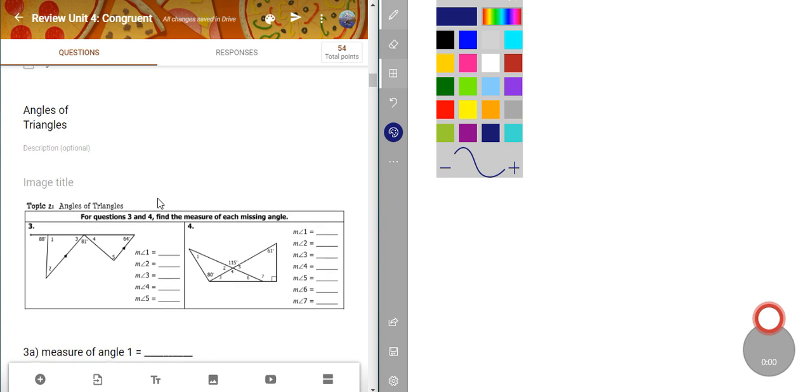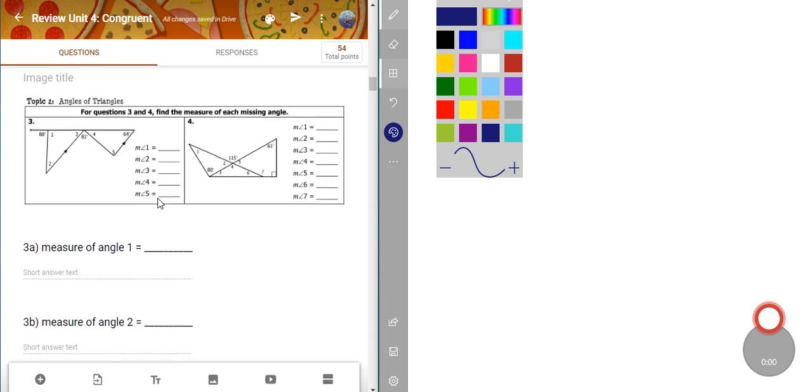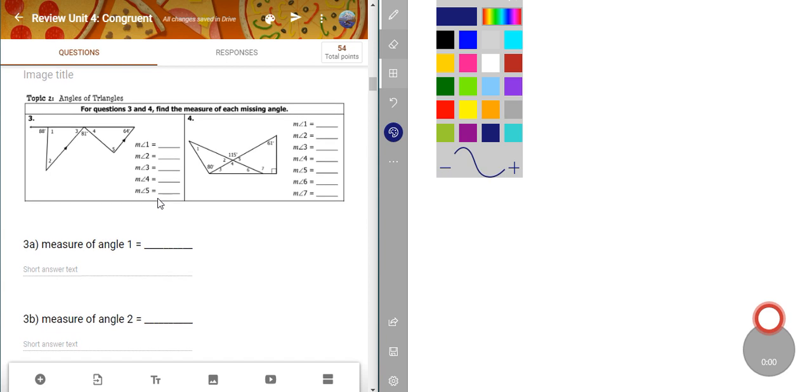Angles of triangles. Now we're going to take a look at the angles in here. We'll look at number 3. I am going to highly encourage you all to use a piece of paper, just like I am using a piece of paper. It's a digital piece of paper, but I am writing things down because this is a lot to keep in your head.